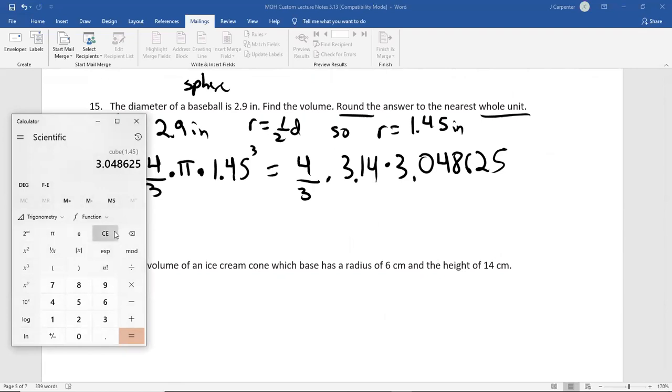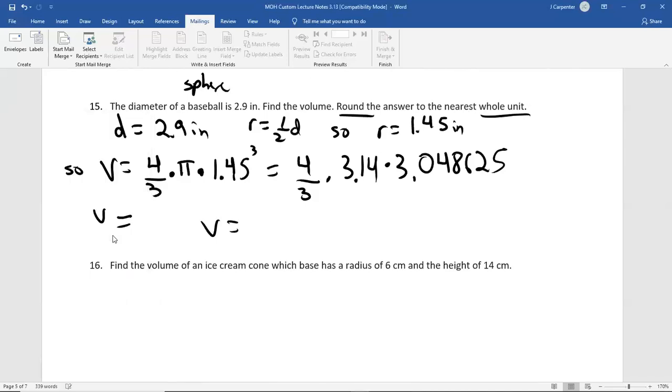All right. 4 divided by 3 times our 3.14 times that big number, well, not big, just lots of digits, 3.048625. Drum roll. We get 12.763576.